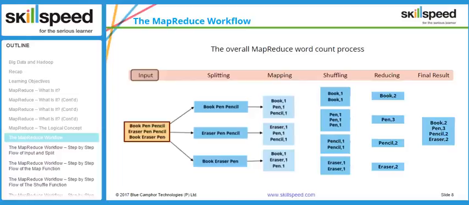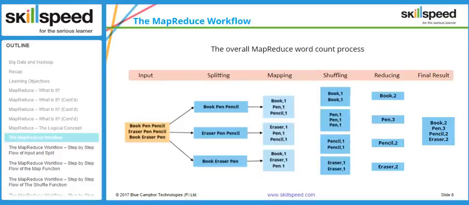The idea is to count the occurrence of every word and sum it up. For example, the word book has repeated 2 times in the data set, so we should ideally get a result as book, 2. In much the same way, the word pen has repeated 3 times, so we should get a result pen, 3.